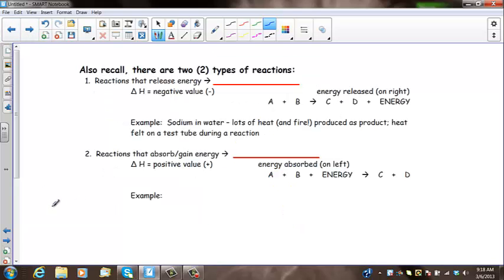Let's recall two different types of reactions that we've talked about so far this year. We have those reactions that release energy and are called, hopefully you're saying it, exothermic. And in an exothermic reaction, our delta H is going to wind up to be negative.